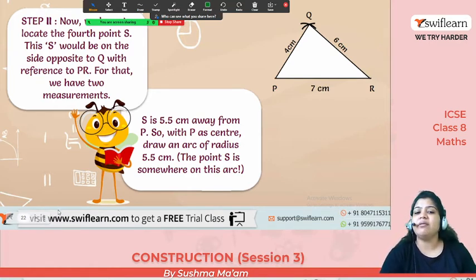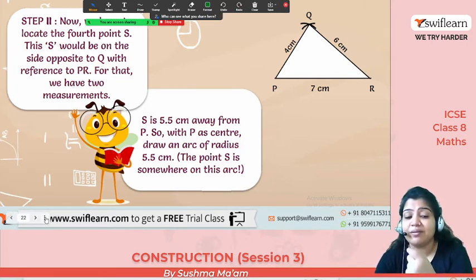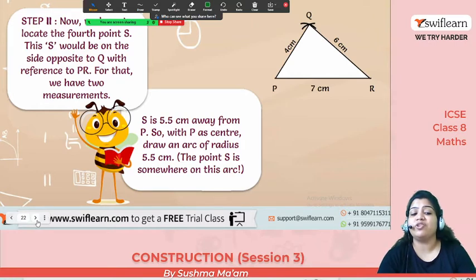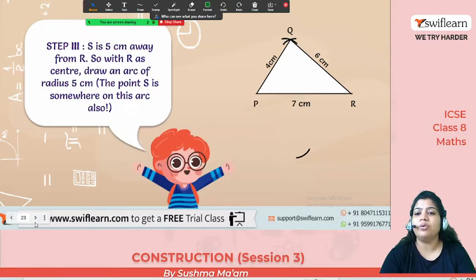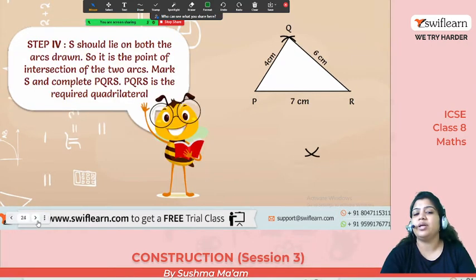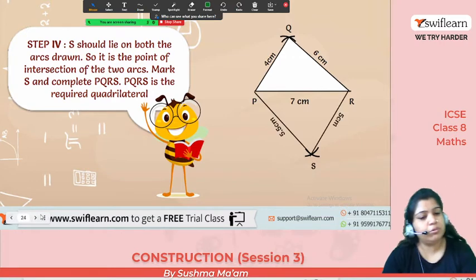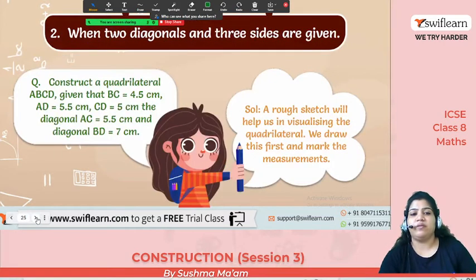With P as center, draw an arc of 5.5 centimeter, and that point is known as S when it comes from the intersection of these arcs. And similarly from R you have to draw an arc of radius 7 centimeter, and join these 2 points with the help of your ruler, and you got this one.